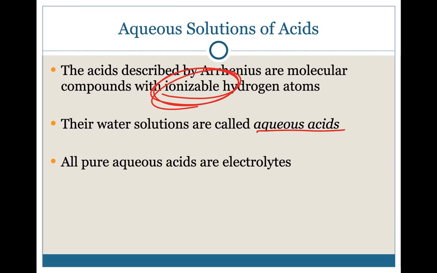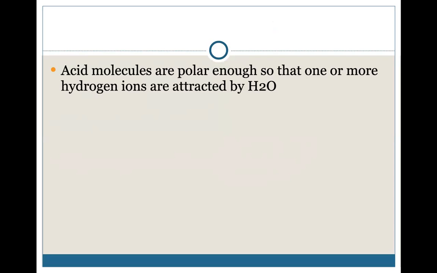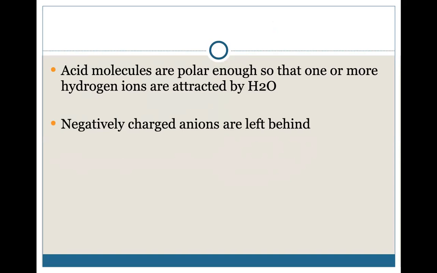And remember, the only thing that you need to have electrolytes are ions that can move around. The acid molecules are polar enough so that one or more hydrogen ions are attracted by water. So negatively charged anions are left behind.